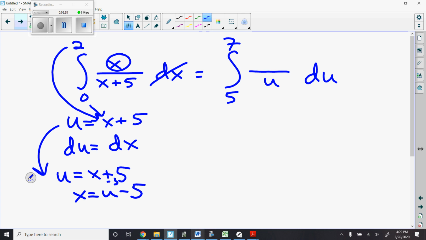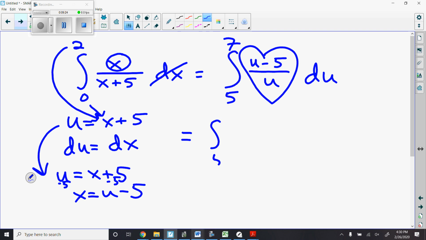And just subtract 5 from both sides. So I'm going to call that x on the top u minus 5. Okay? Now, this doesn't look any better, except for the fact that we now have the integral that we can split.